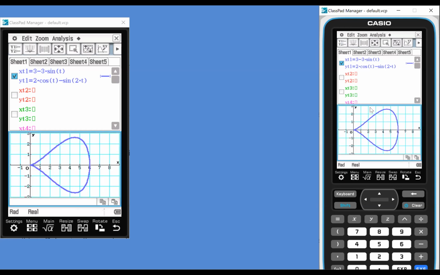There we go. Cool. So that's similar to what we've got in the diagram there.